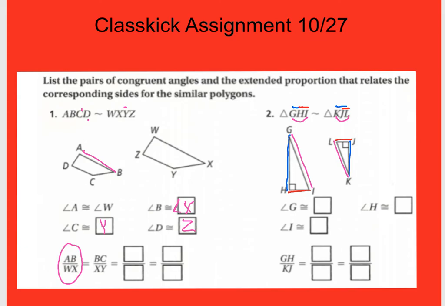It's a fraction, but it is a number altogether. So you can't separate the top and the bottom. It's AB and WX. So they have a relationship. They correspond, right? And then so does BC correspond to XY.